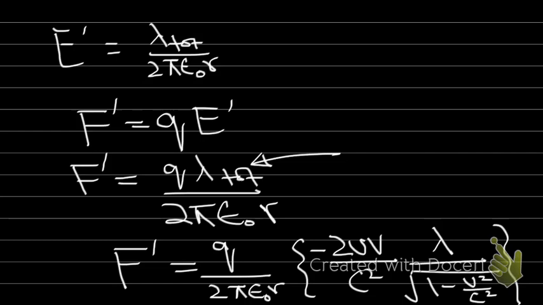Now if there is a force on the charge Q in the S prime frame, then there must be a force in the S frame, which we may compute directly by using the transformation rule for the forces, right? So let's go ahead and do that.